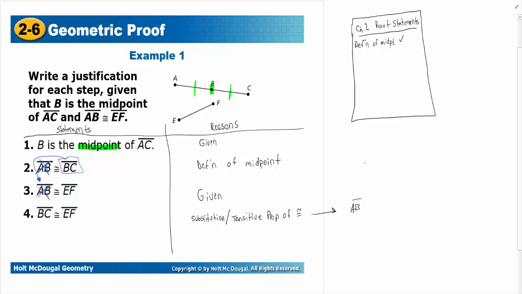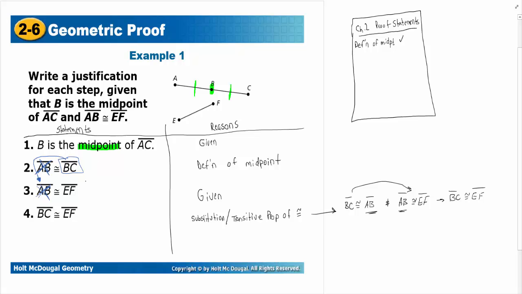I'll write it the way it's usually written in the book. You have BC is congruent to AB, and AB is congruent to EF. Then you can cut out the middleman and basically just say that BC is congruent to EF.